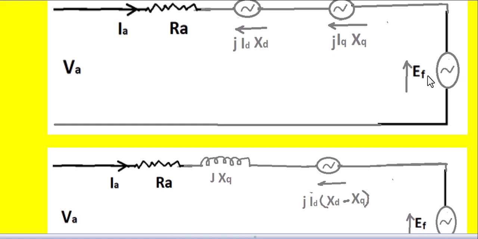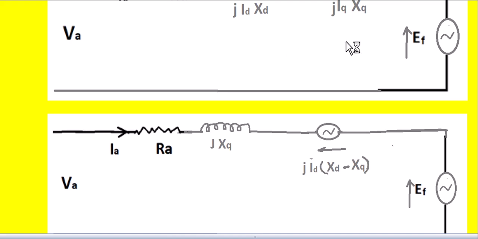Similarly, Ef is the excited voltage in the stator circuit. Iq Xq is the voltage drop which opposes the Va. Next, jId Xd is another voltage drop that opposes the applied voltage.